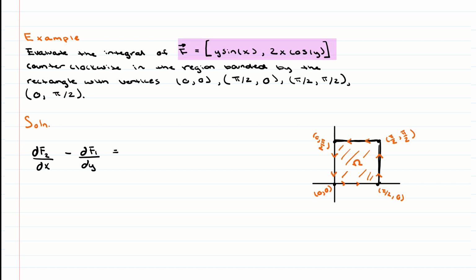Referencing the field that we were given, the partial derivative of f2 with respect to x is 2 cosine of y, minus the partial derivative of f sub 1 with respect to y, which equals sine of x. So now we'll plug this into our double integral.